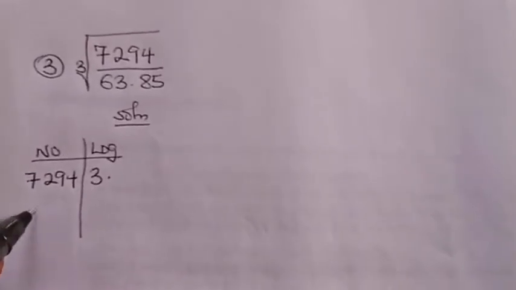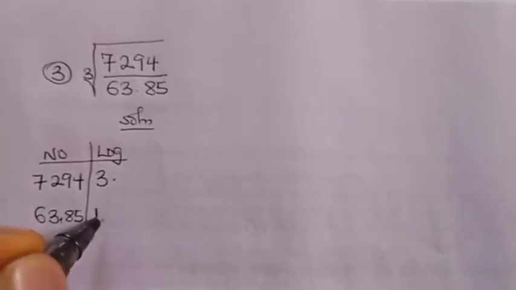For the second number, we have 63.85. And in this case, the characteristic is 1 because the decimal point is here. Expressing it in standard form, we'll have 1. And since this is division, we're going to subtract their logarithm. So we have this minus sign here.